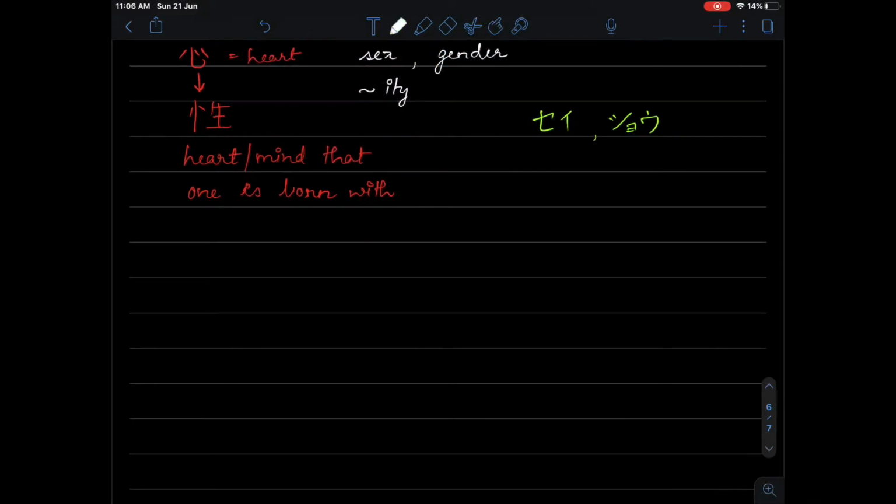Let's have a look at some words. Okay, this is hito no sei, or human nature.